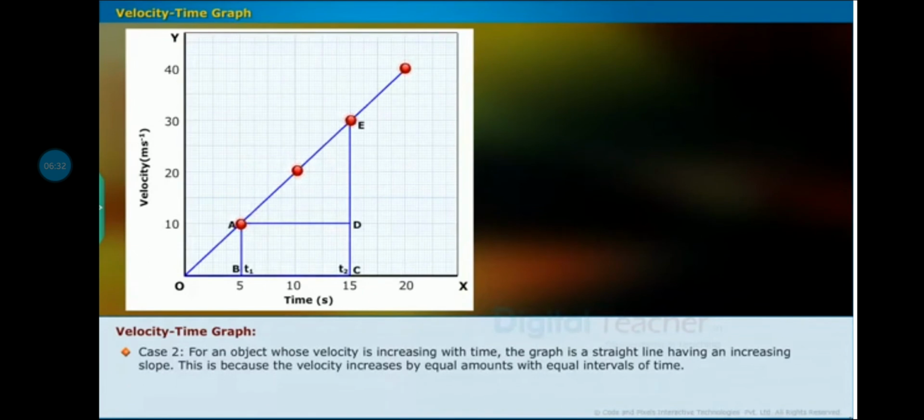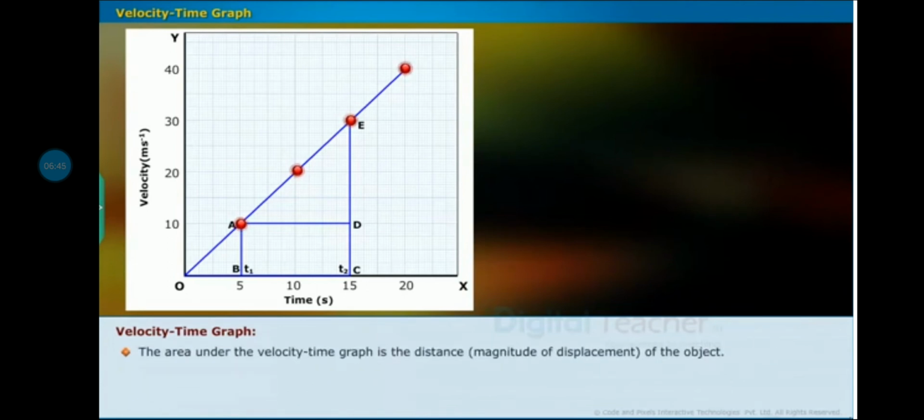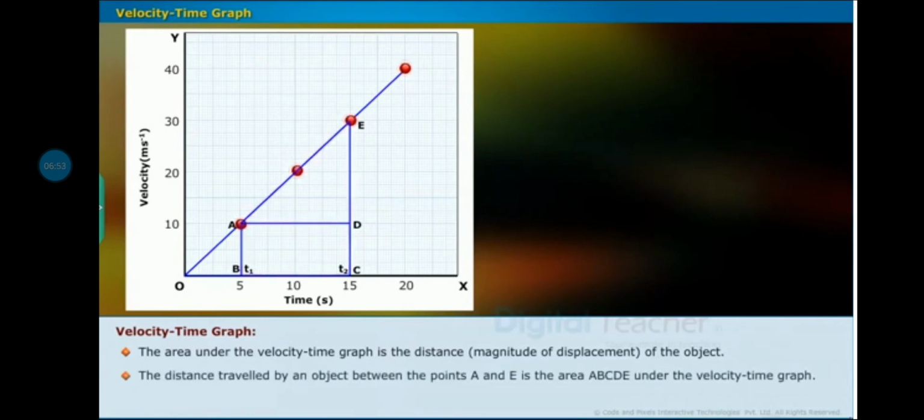Case 2. For an object whose velocity is increasing with time, the graph is a straight line having an increasing slope. This is because the velocity increases by equal amounts in equal intervals of time. The area under the velocity time graph is the distance of the object, that is the magnitude of the displacement. The distance traveled by an object between the points A and E is the area ABCDE under the velocity time graph.